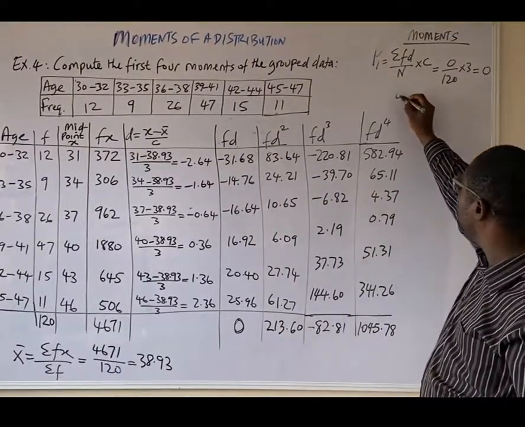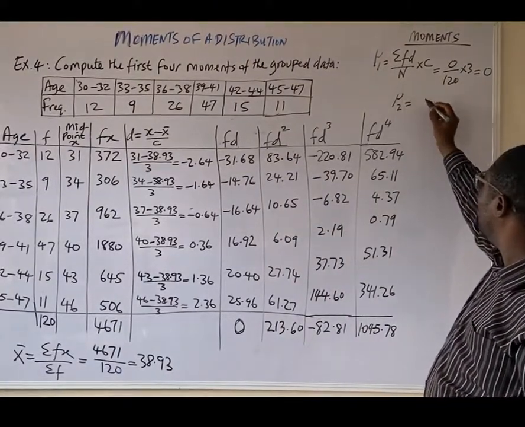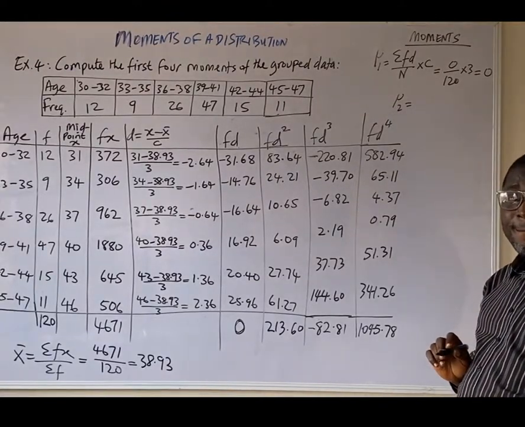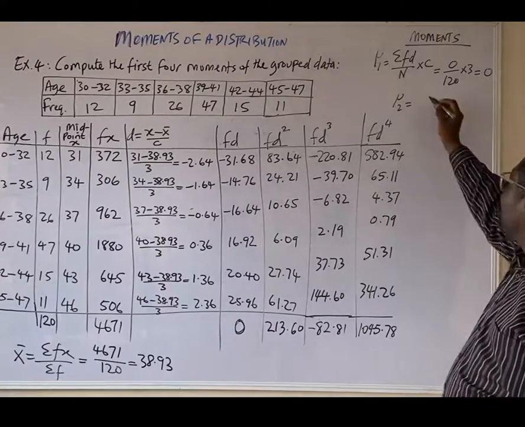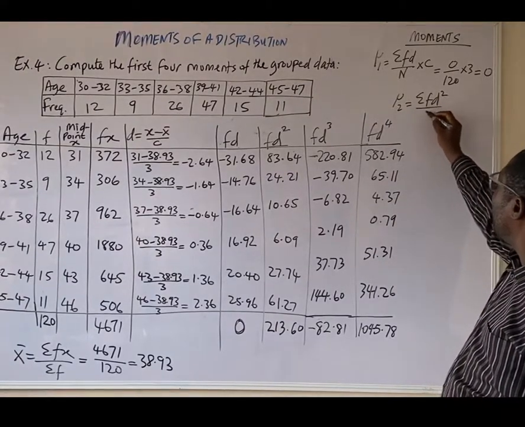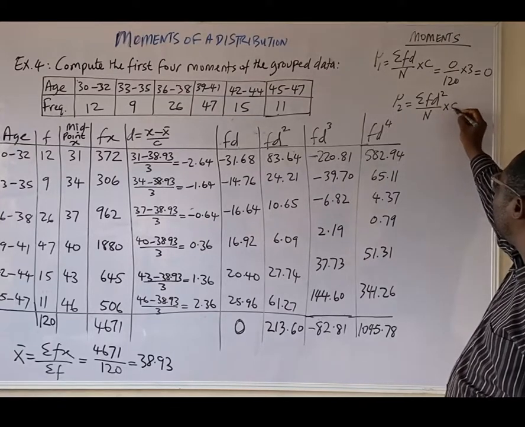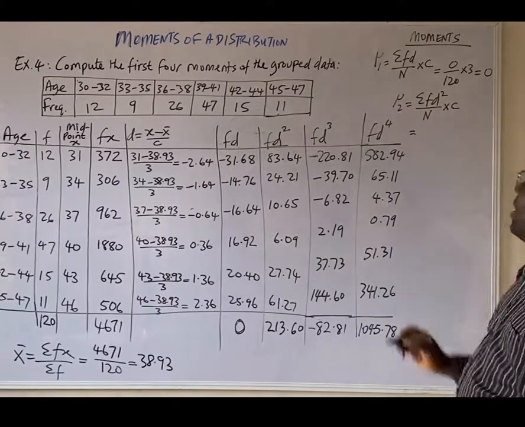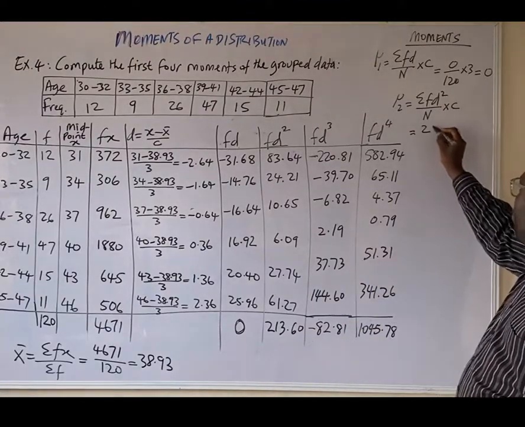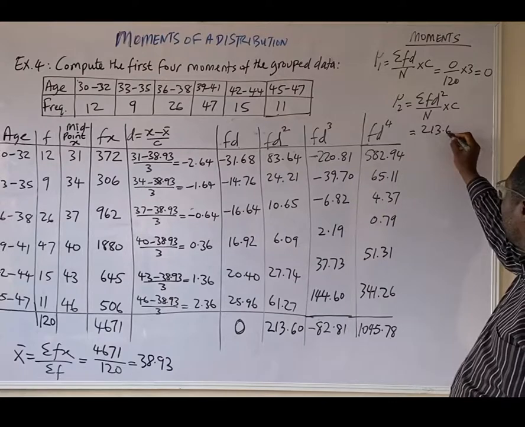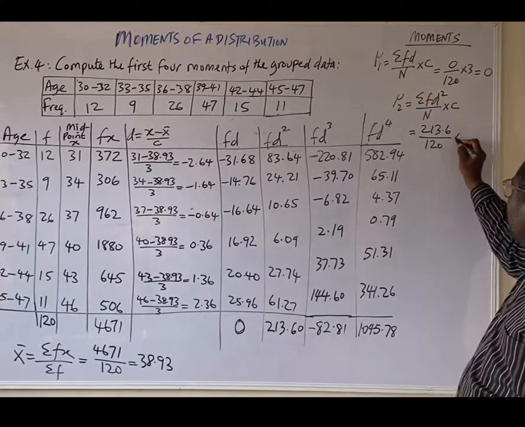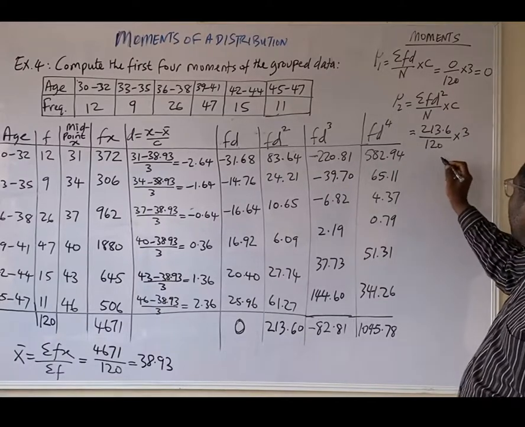Now the second moment, I'll write it here. What will be the formula? That will be summation FD raised to power 2 all over n times c. And what would that give us? This will be 213.6 all over 120 times 3.